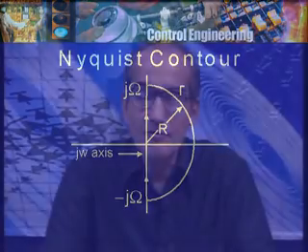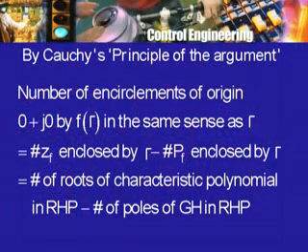Therefore the result now will be, when I apply Cauchy's principle of the argument, it will be like this: the number of encirclements of the origin, and instead of origin I am going to write 0 plus j0, by the image contour f of gamma in the same sense.